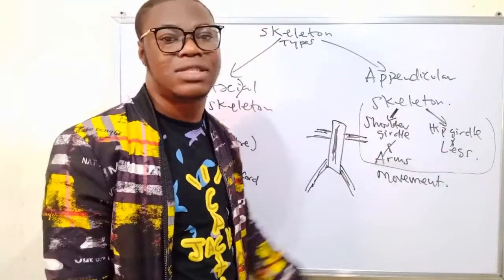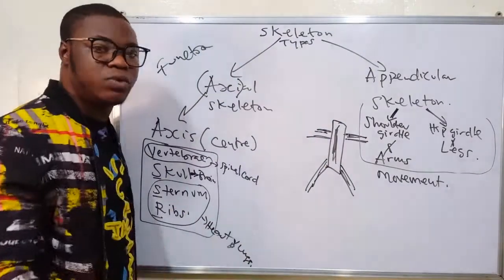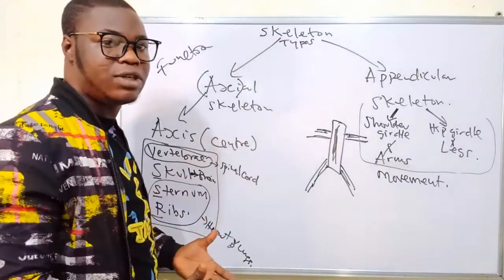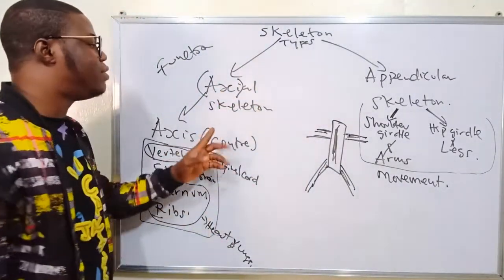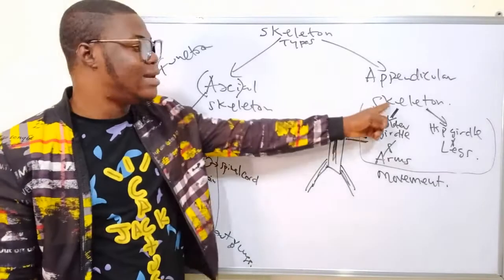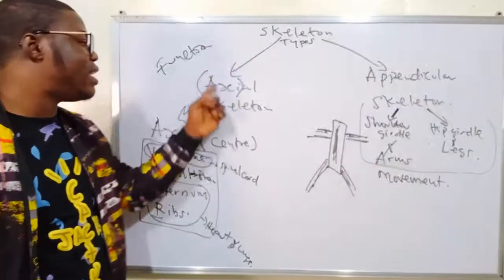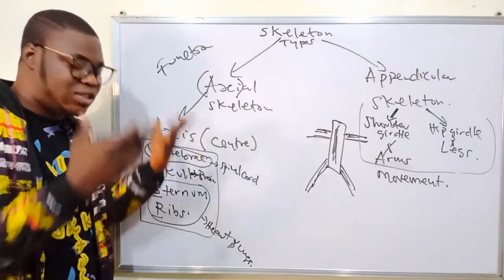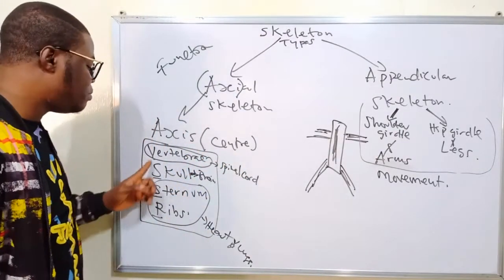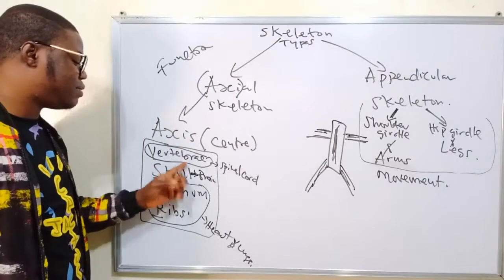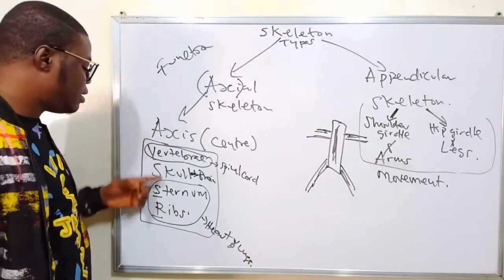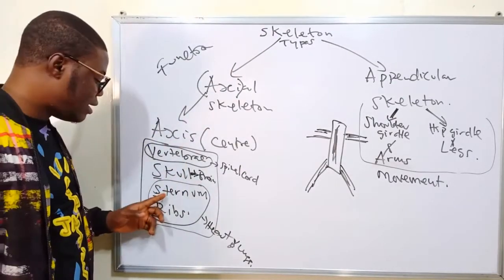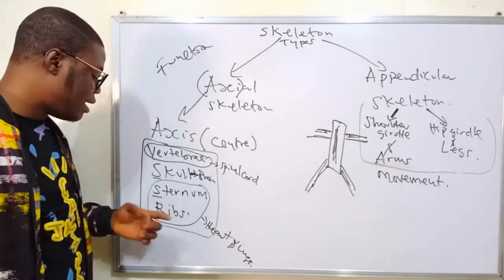Now, a quick recap for skeleton. Skeleton is a combination of bones that forms the framework of the body, and we have two types: the axial skeleton and the appendicular skeleton. The word axial is from the word axis, which means center. The bones that constitute the center of the human body have the acronym VS square R: vertebra, the backbone, the skull, the sternum, and the ribs.